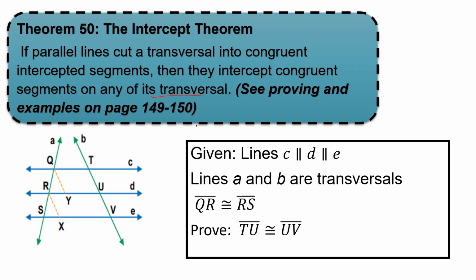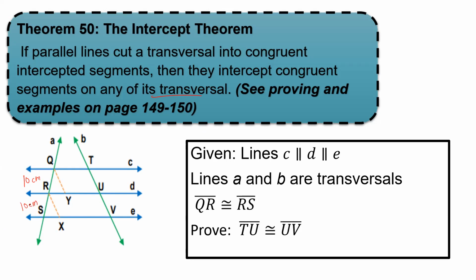So in this given, since QR is equal to RS and TU is equal to UV, if the measurement of QR is equal to 10 centimeters, meaning the measurement of RS is also equal to 10 centimeters.